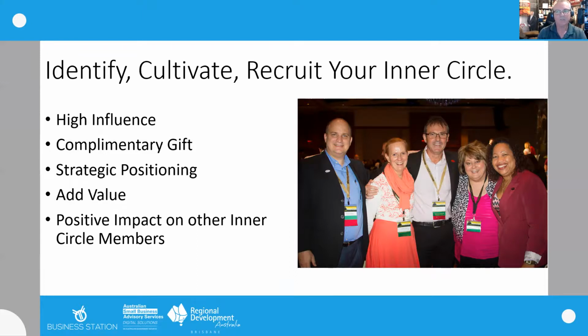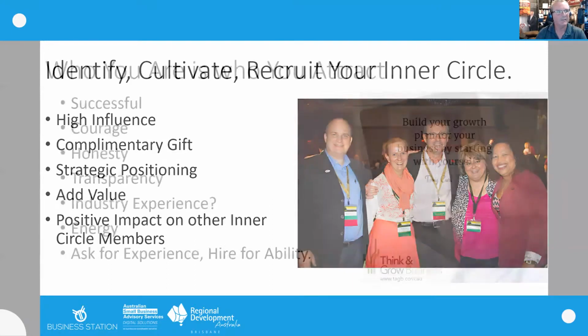It helps you from a strategic positioning. You're going to be looking to add value, and you want to have a positive impact on other, what you would call your inner circle members. So when you're ticking those boxes, you are suddenly starting to build that trust within the relationship or the inner circles that you need to be able to build your business.